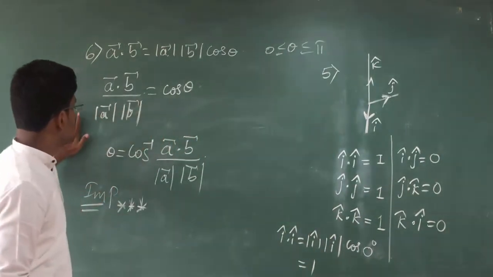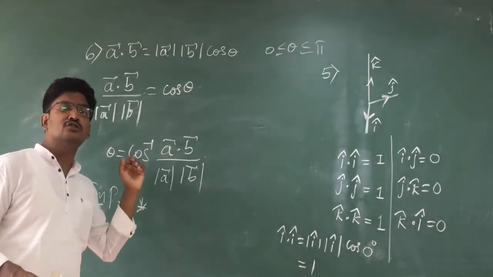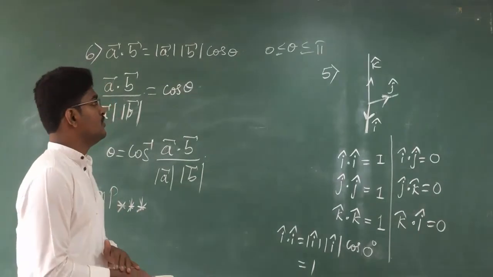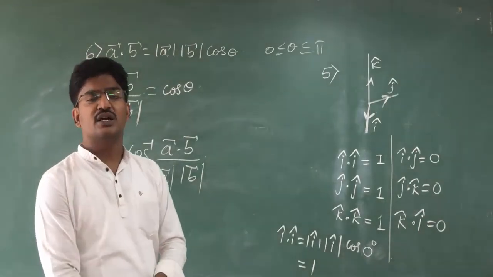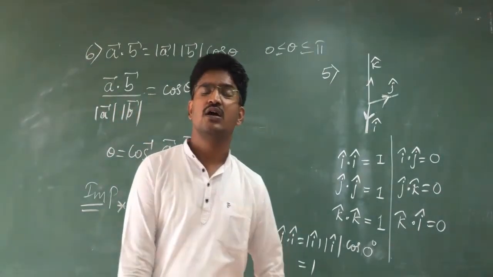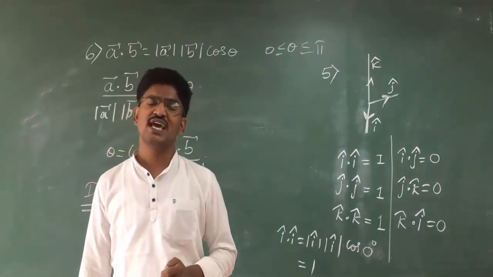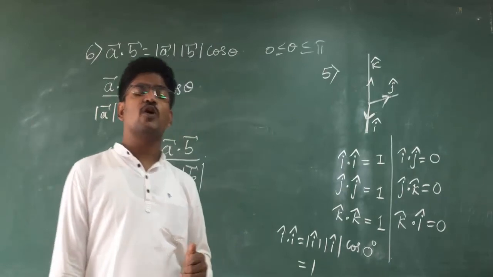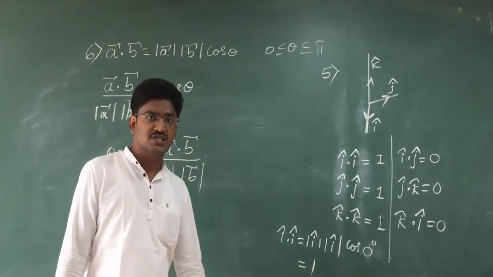Clear? So here also this is the angle between two vectors. From these six observations, definitely we are going to get some problems in your exercise as well as in your exam. So let us solve those problems in the next class. Okay.